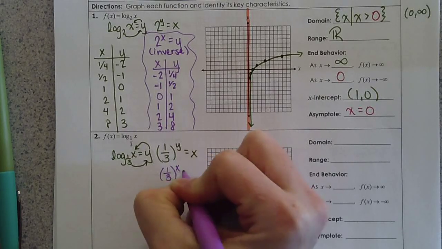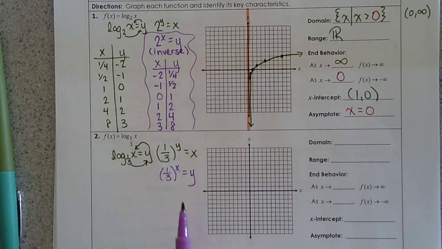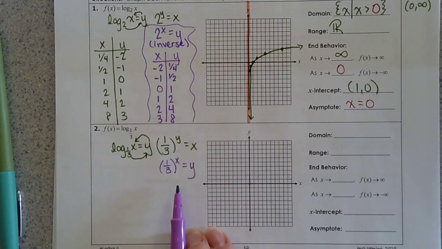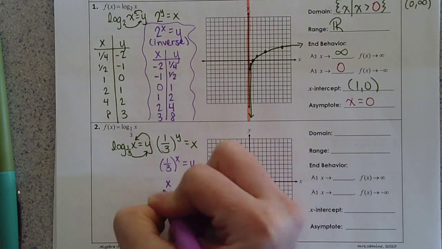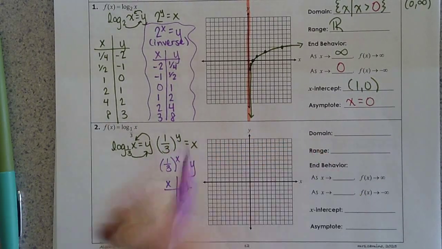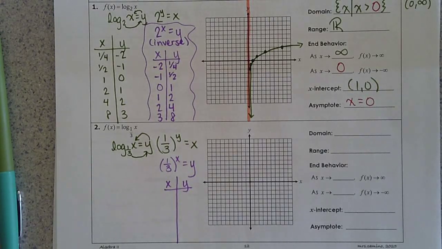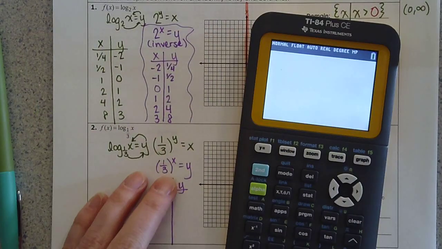(1/3)^x = y, because this I can put in my calculator to find a table of points. You could also mental math this to create your table, or you can do one point at a time. I could do (1/3)^-2, (1/3)^-1, (1/3)^0.